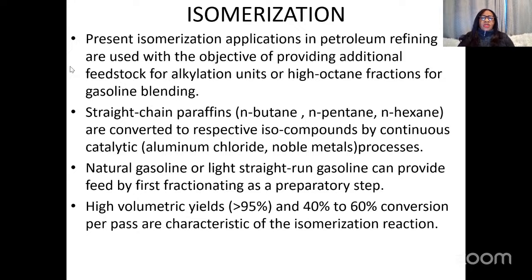Straight chain paraffins like normal butane, normal pentane, and normal hexane are converted to their respective iso compounds by continuous catalytic processes. The natural gasoline or light straight run gasoline can provide feed by first fractionating as a preparatory step.